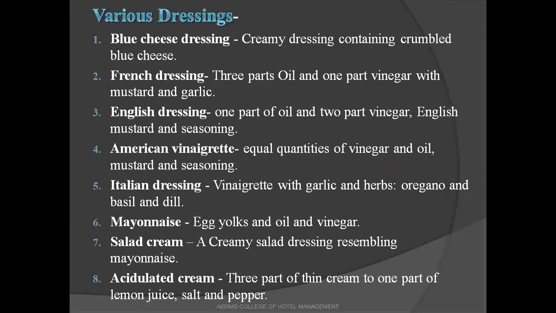American vinaigrette has equal parts of vinegar, oil, and mustard, and seasoning. Italian dressing will have vinaigrette, garlic, and some Italian herbs such as oregano, basil, and dill. Mayonnaise dressing, which is very popular all over the world and especially in India, has egg yolk, oil, and vinegar, and then salad cream and cream dressing, which will have a cream base.